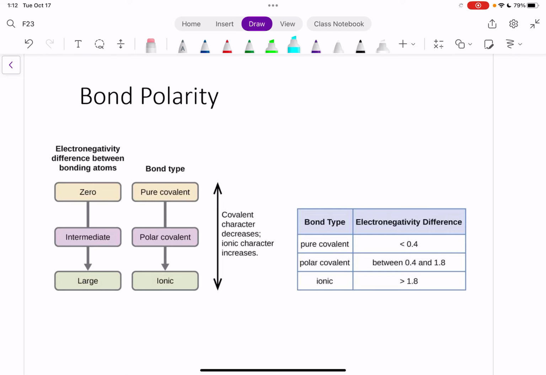But what if we wanted to quantify this a little bit better? Looking over here on the left for a second, you'll notice we have some different types of bonds that we're familiar with. We've got pure covalent, which is just a regular covalent compound, something that's sharing electrons equally.